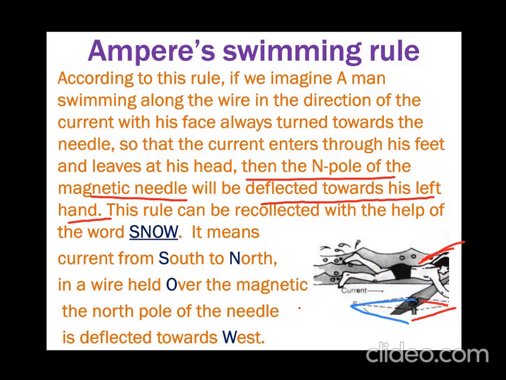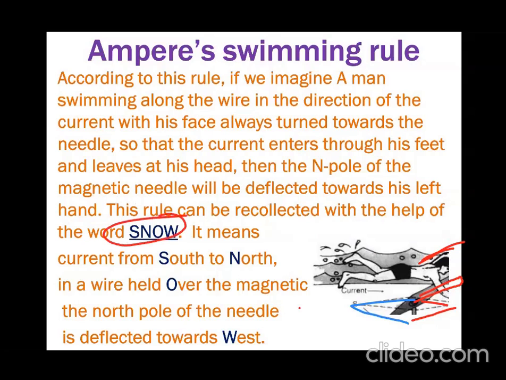So the north pole will get deflected towards his left hand. You can see this is the deflection of the north pole. So with the help of Ampere's swimming rule, we can predict the direction of deflection of the magnetic needle in Oersted's experiment.